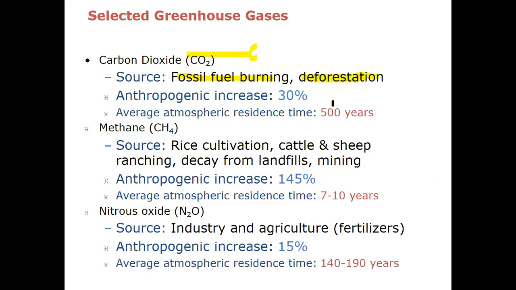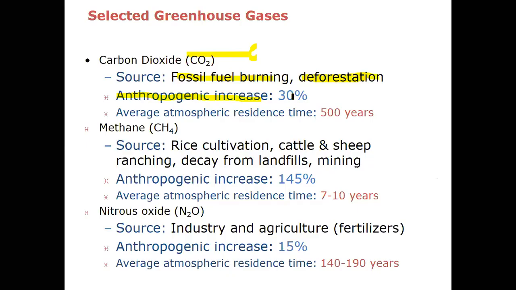And the other thing is, if you are familiar with the carbon cycle, you can easily understand. Due to the anthropogenic activities, 30% of the CO2 level is increased, because there is naturally carbon dioxide in the atmosphere.